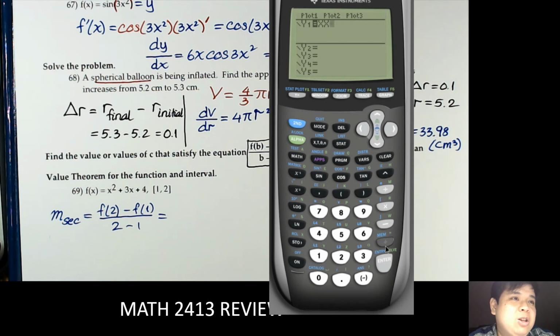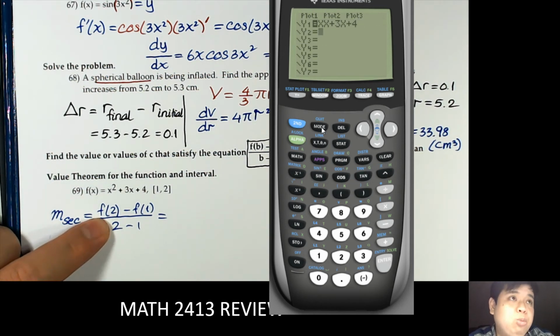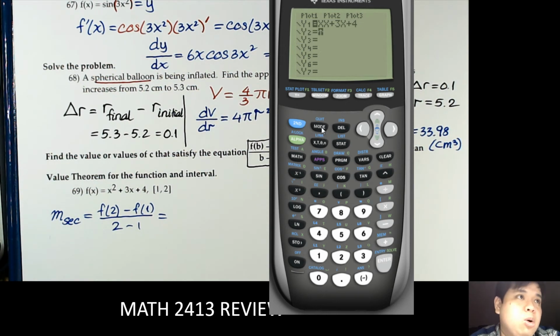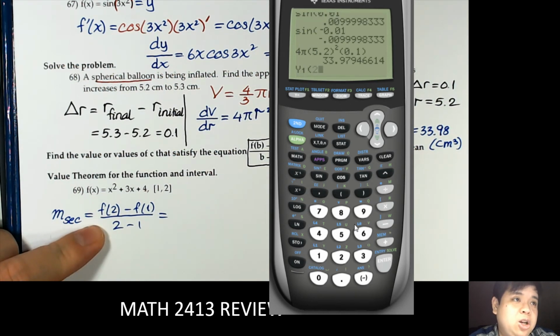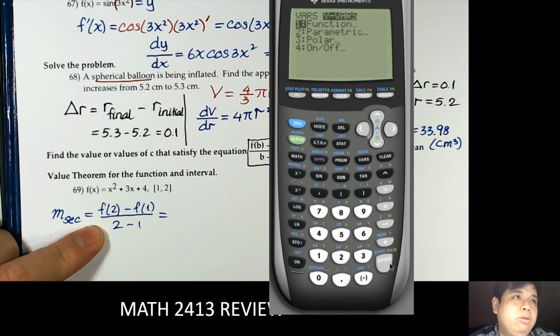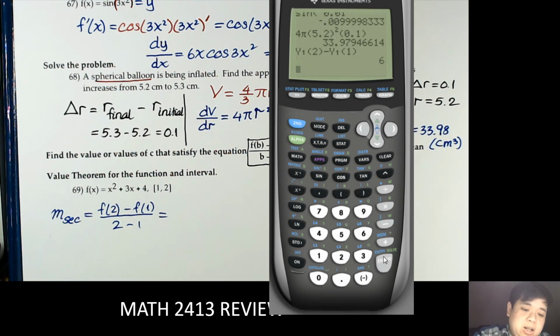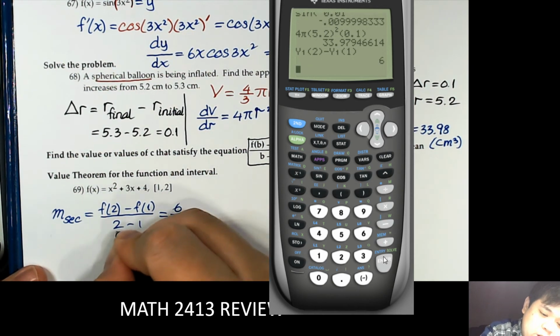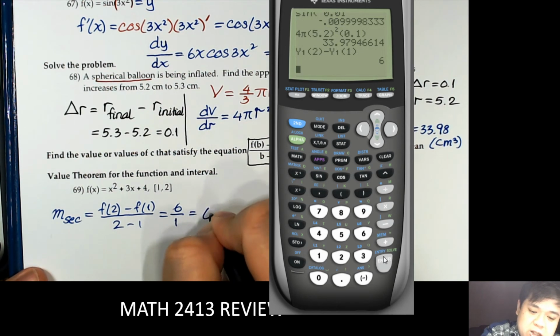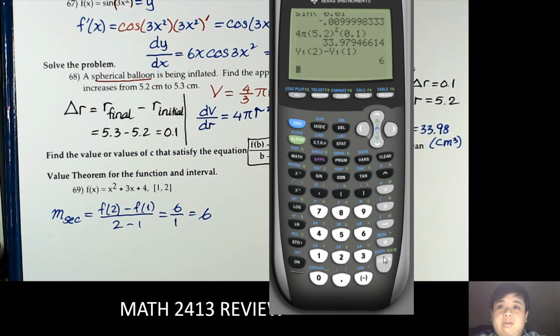The function is x squared plus 3x plus 4. What we have is the function at 2 minus the function at 1. So I hit second mode to quit. Variables, Y variables, Y1. We evaluate that at 2 minus Y1 evaluated at 1. That gives us 6 over 2 minus 1, so that's just 6. So that is the slope of the secant line.